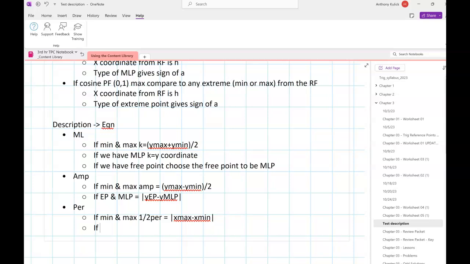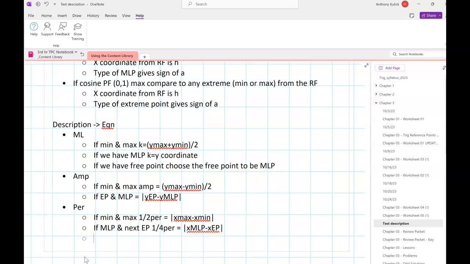If you're given a midline point and next extreme point, it'd be like 1/4 period equals the absolute value of x midline point minus x extreme point.